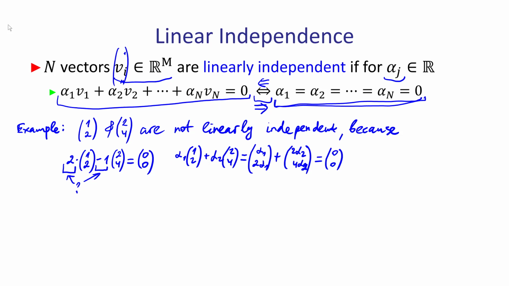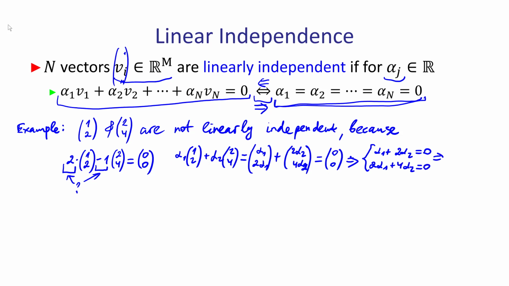And I expect to see only the trivial solution for alpha 1 and alpha 2 if these are linearly independent vectors. So this is the system that I've got: alpha 1 plus twice alpha 2 equals 0, and twice alpha 1 plus 4 alpha 2 equals 0.